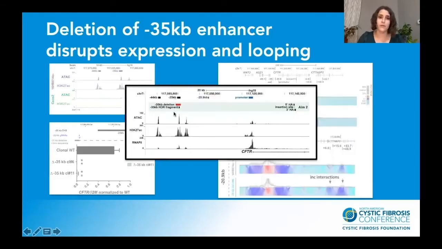So using these cells, we have moved the minus 35 kb sequence into intron 1 of the gene.